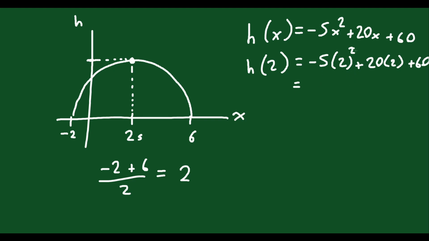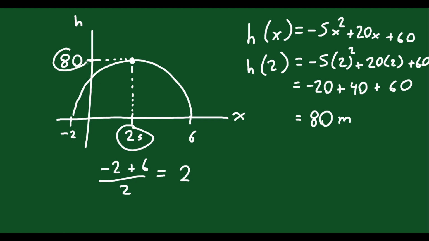Calculate that. 2 squared is 4 times negative 5 is negative 20. Plus 20 times 2 is 40. Plus 60. 60 plus 40 is 100. Minus 20 is 80. So it looks like our maximum height is going to be at 80 meters. So at 2 seconds, you reach your maximum height of 80 meters. And that would be your final answer.